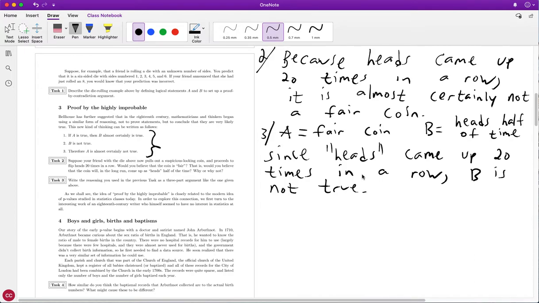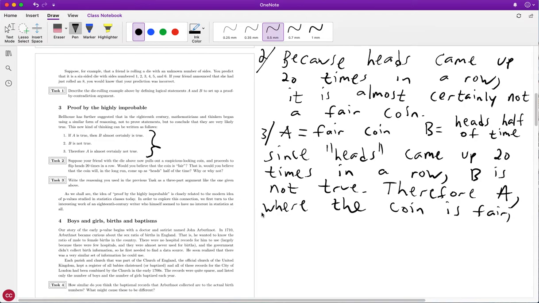We have evidence of that since it came up 20 times. And then because of that, therefore, A, meaning the coin is fair, is almost certainly not true. Again, due to the fact that heads came up 20 times in a row.